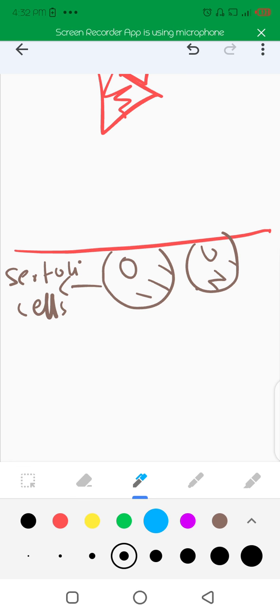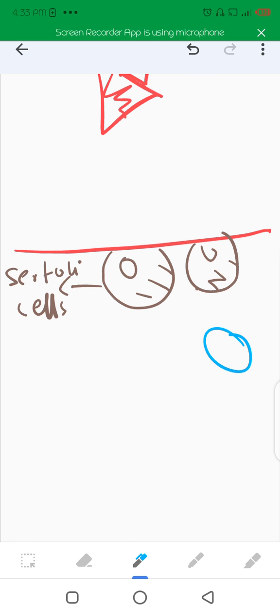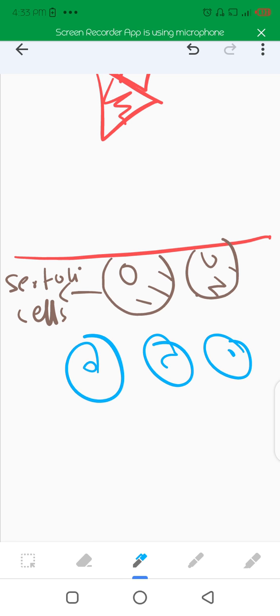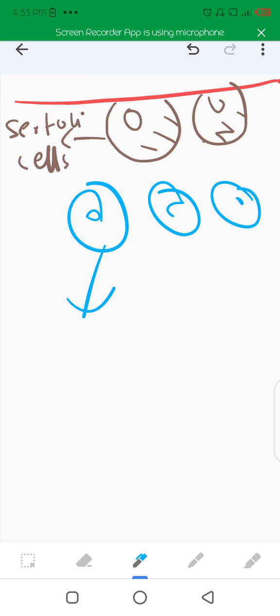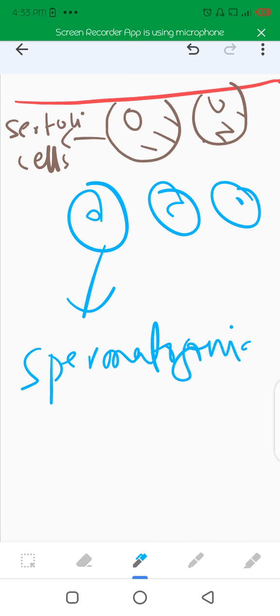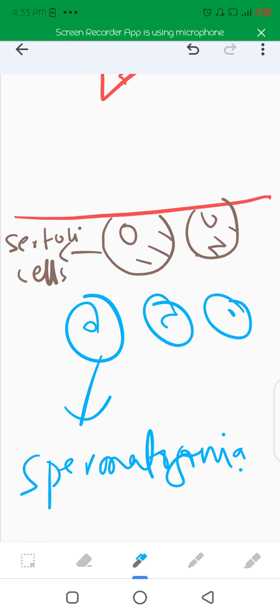And the ones that I'm drawing with the blue color are the spermatogonia, or the germ cells. So this was the region of the seminiferous tubule.